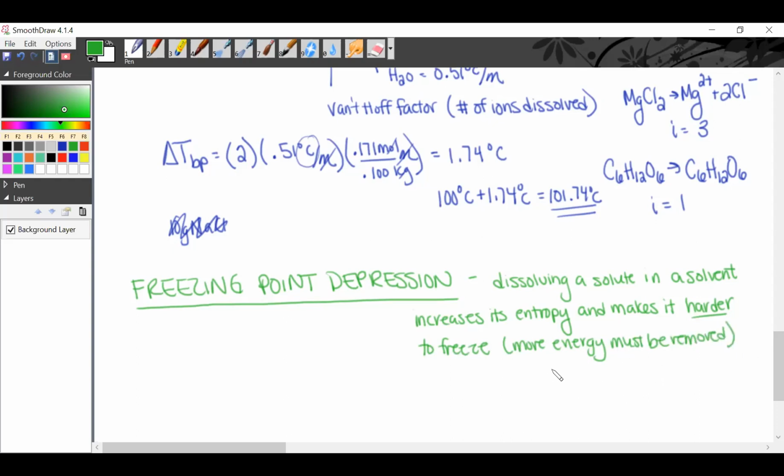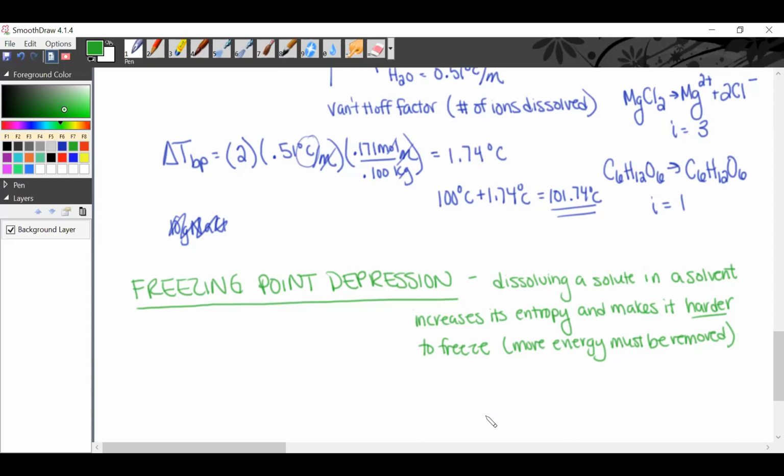You can think about it as these solute particles being in the way of the solvent coming together and crystallizing. I think that's the easiest way to think about it. Or you can think about it in terms of entropy. You've increased entropy by dissolving the solid into the liquid.